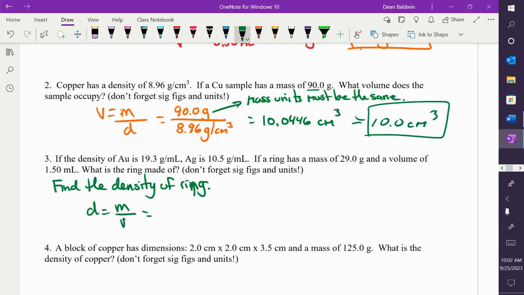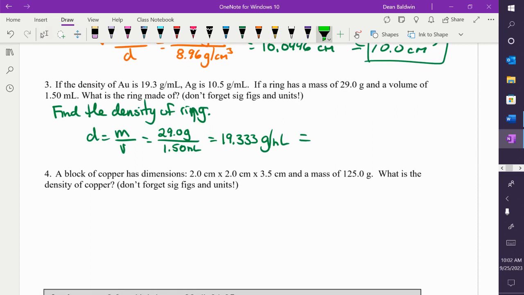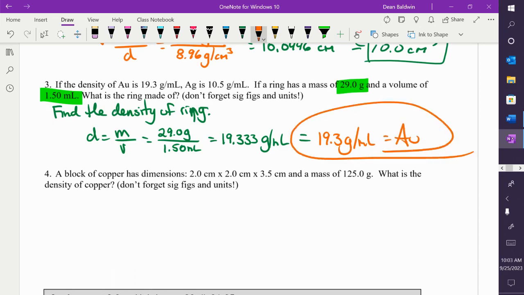The ring has a mass of 29.0 grams and a volume of 1.50 mils. If you divide those, you get 19.333 grams per mil. How many sig figs should you have? 3, right? That has 3 and that has 3. So it should be 19.3. So it's made of gold.